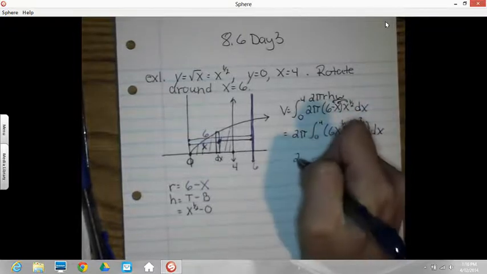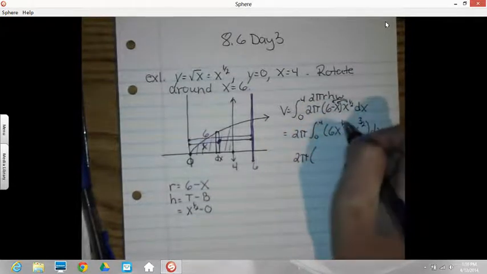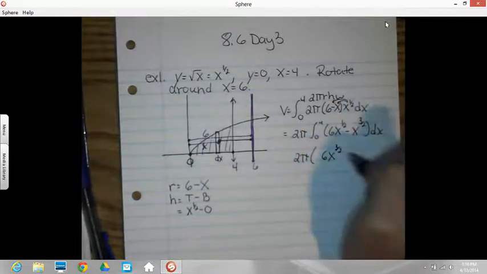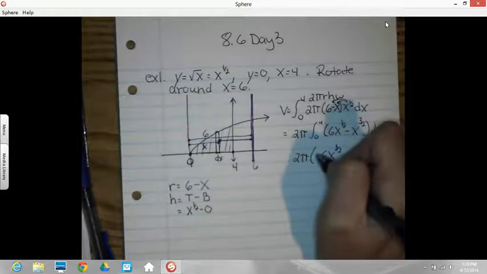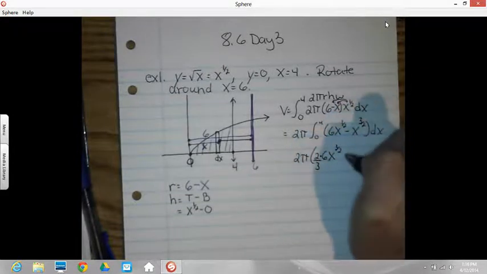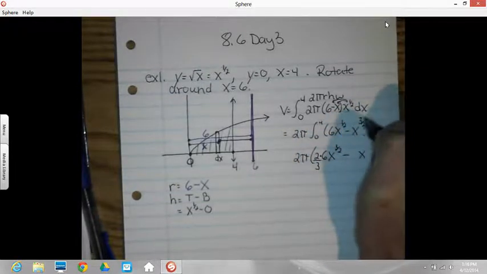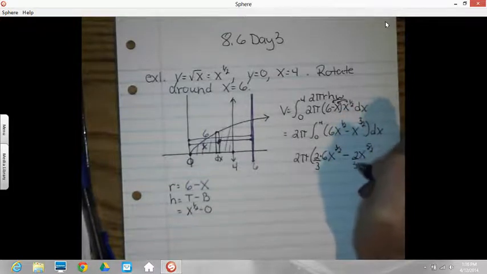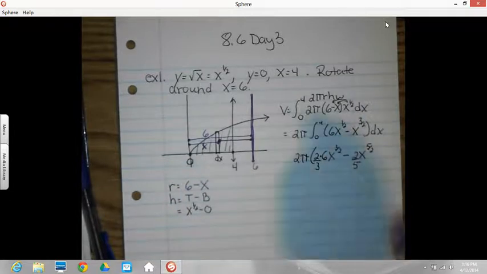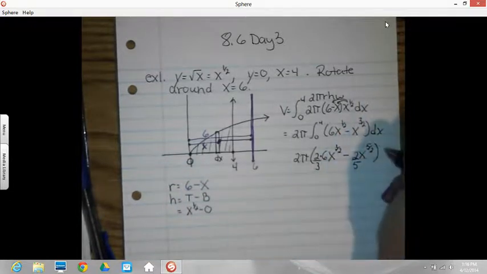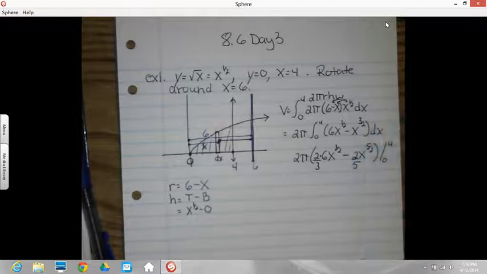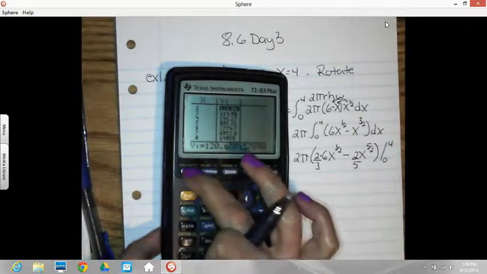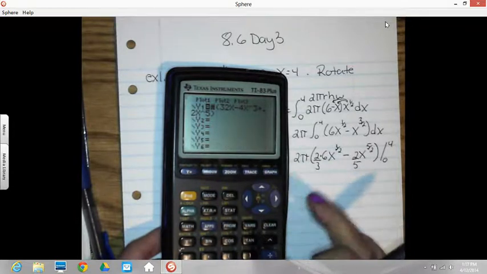Integrating now. Add 1 there. That's going to be 6x to the 3/2, so I'm going to multiply by 2/3. Adding 1 there, that will be 5/2, times 2/5. And I'm evaluating from 0 to 4. 2 pi.